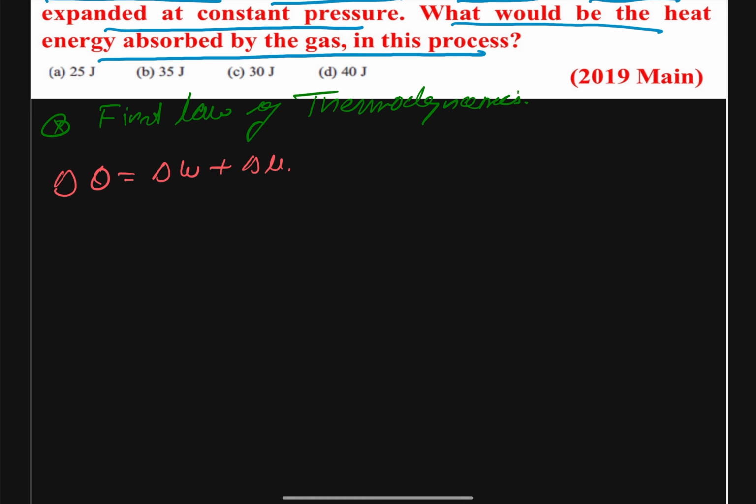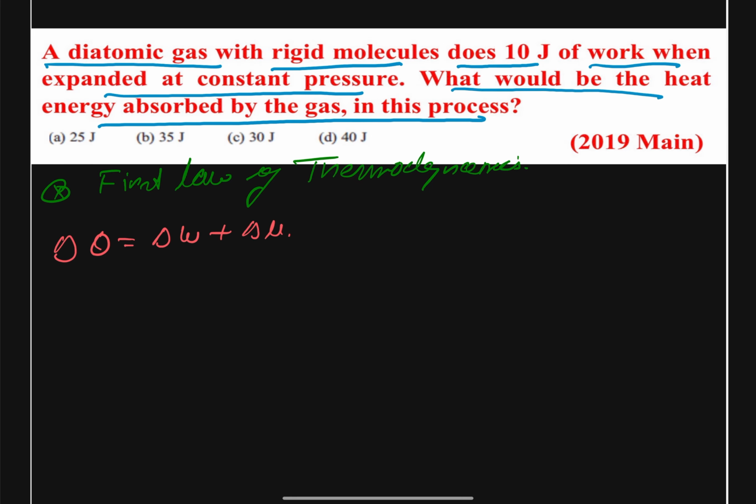this gives us that our delta of Q is equal to delta of W plus delta of U, and delta of W is given as our 10, so we have to find out our delta of U. Okay.